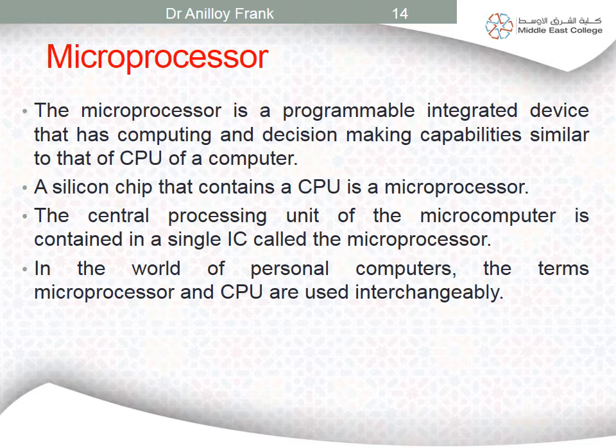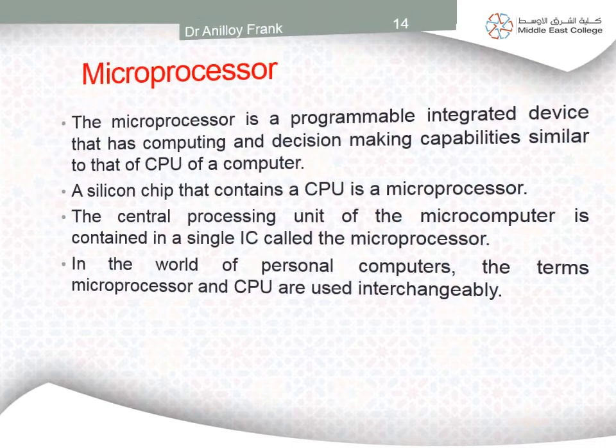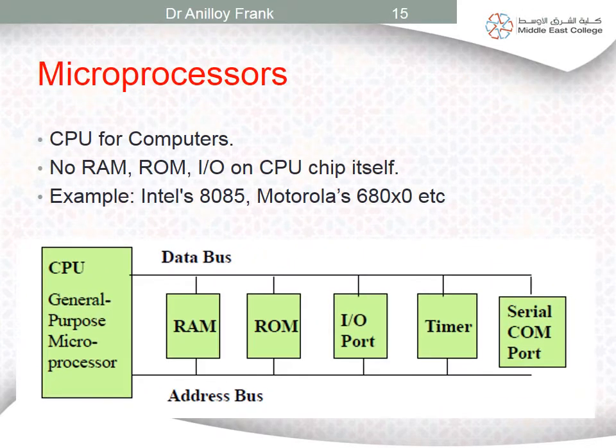In the world of personal computers, the terms microprocessor and CPU can be used interchangeably. Microprocessors are used as CPUs for computers. They do not have RAM, ROM, or I/O on the CPU chip itself. Examples of microprocessors are the 8085 from Intel and the Motorola 6800.